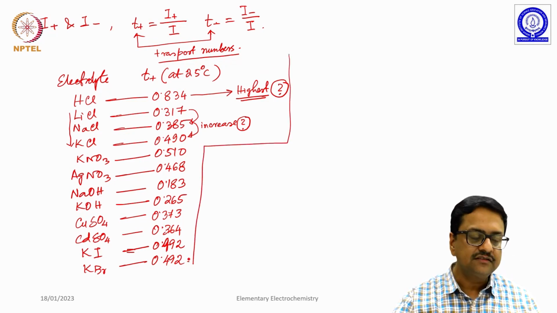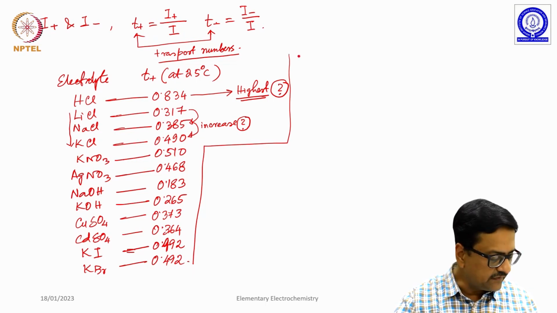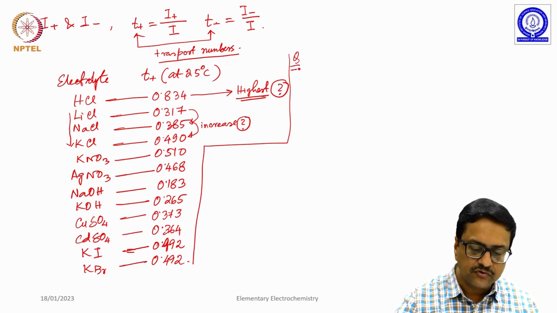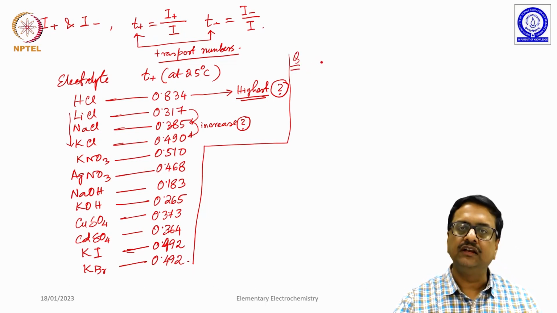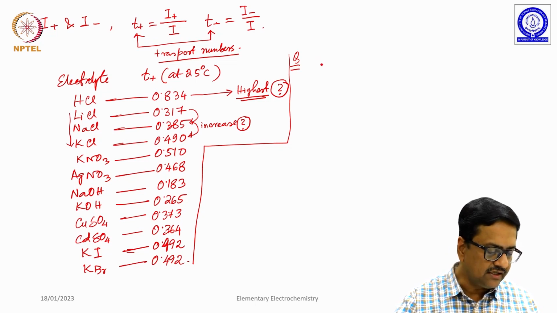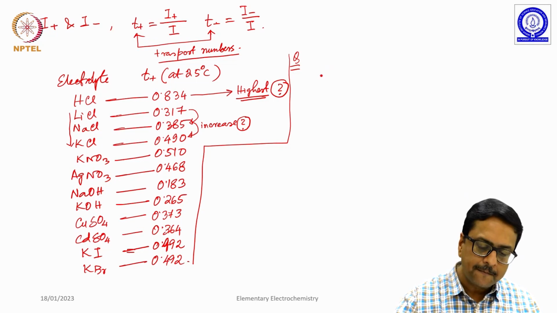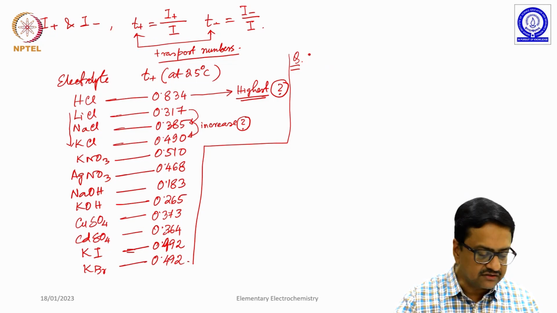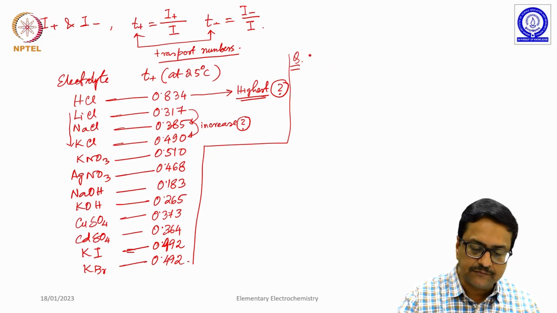In addition to this, I want to give you a mathematical problem to solve, because you already know a little bit about electrochemistry and Faraday's laws of electrolysis. So, from those concepts you have to solve this problem.